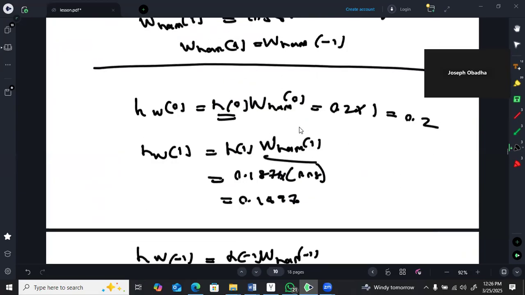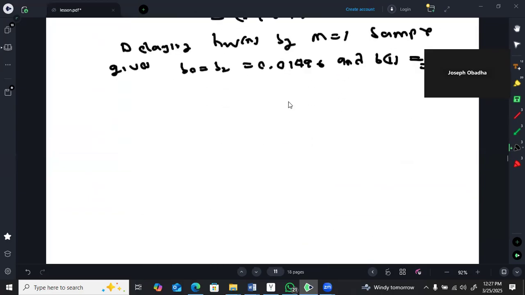And that is what this formula shows: multiply h of n by w of n, depending on the chosen window function. Then the rest of the solution of this problem would proceed as in the previous example, because what we simply need to do is to write down the transfer function.